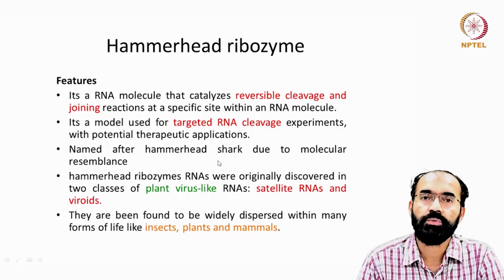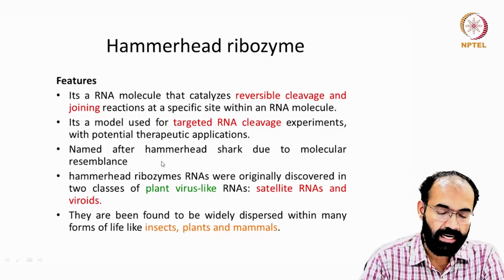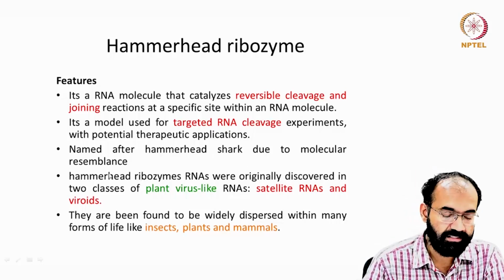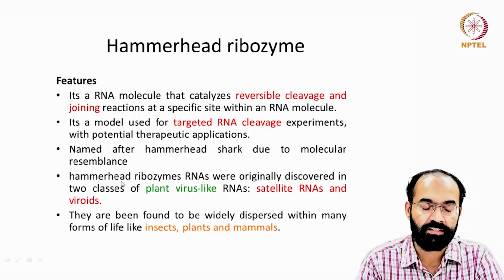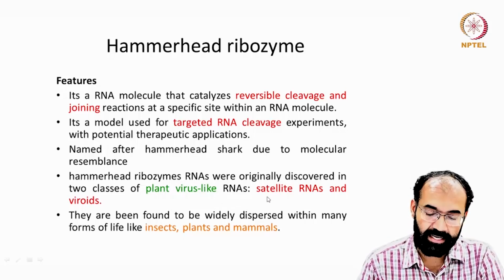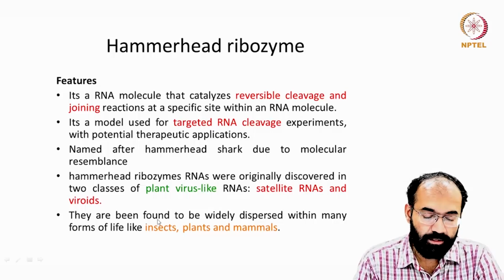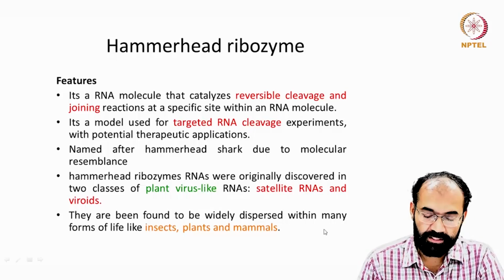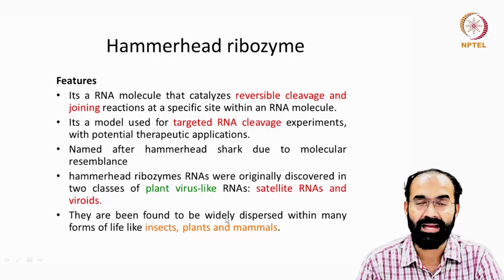And as I already told you, it is named after its shape, the resemblance to the head of a hammerhead shark, and at the molecular level it resembles so. Hammerhead ribozyme RNAs were originally discovered in two types of plant virus-like RNA, that is satellite RNA and viroids. They have also been found to be widely dispersed within many life forms such as insects, plants, and mammals.